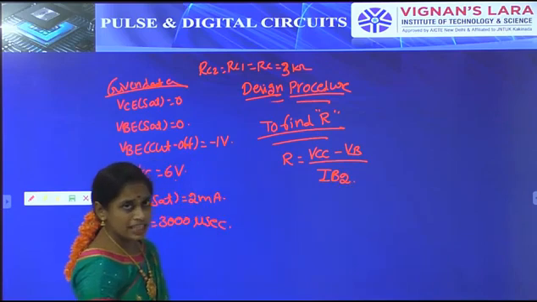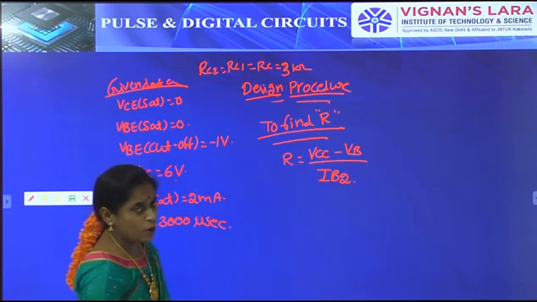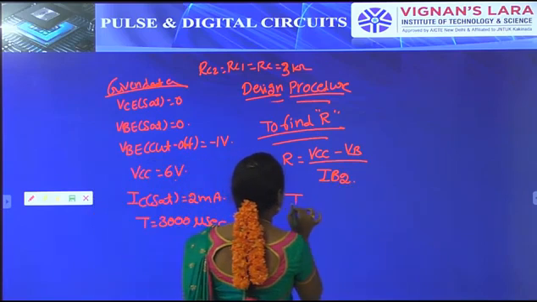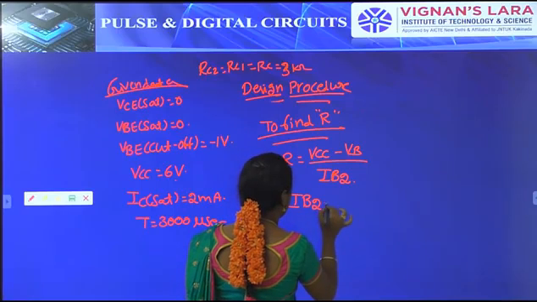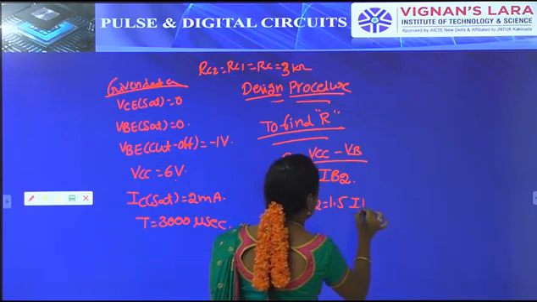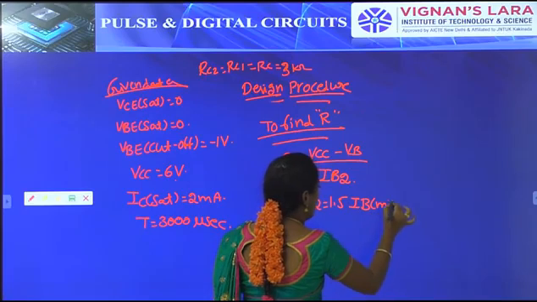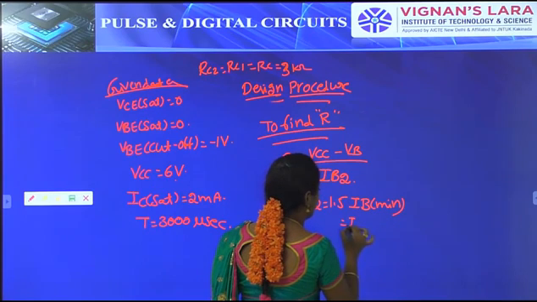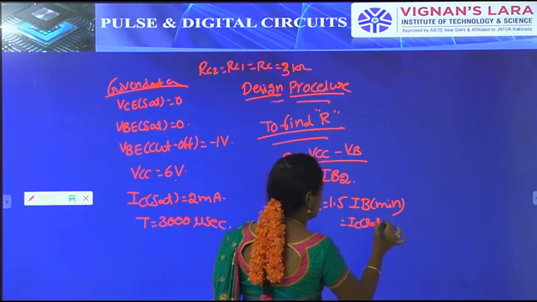And what is the IB2? As we know, IB2 is equal to 1.5 into IB minimum, and IB minimum is equal to IC sat by HFE.